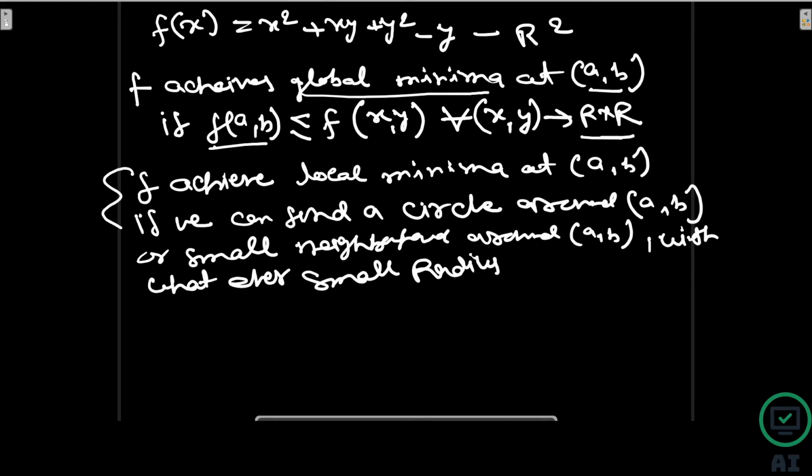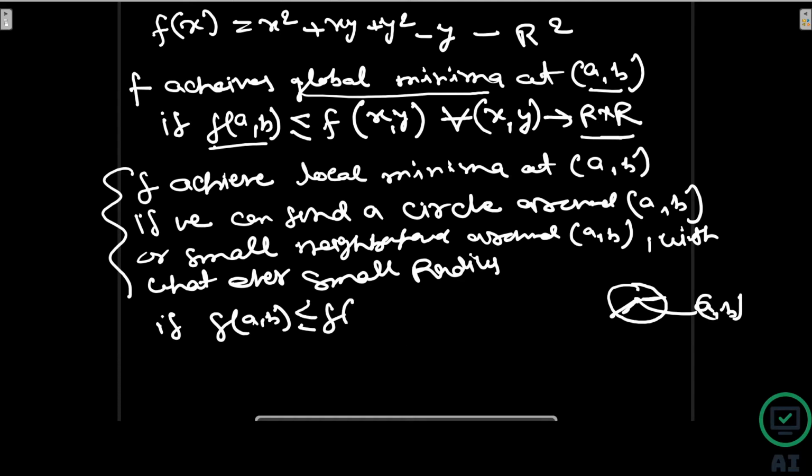So let's try to understand this point. F achieves local minima at point AB if we can find a circle around AB, take any radius here, and the function value of AB is less than or equal to the function value of any point within this circle. So for all xy belongs to this particular circle.